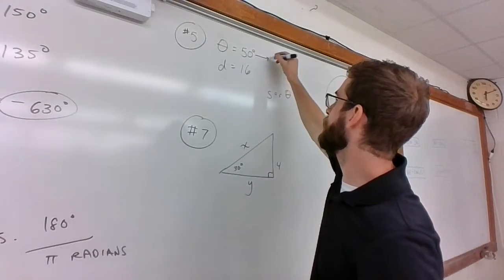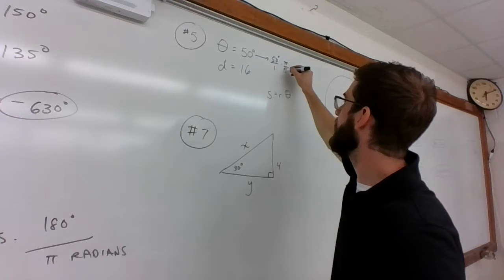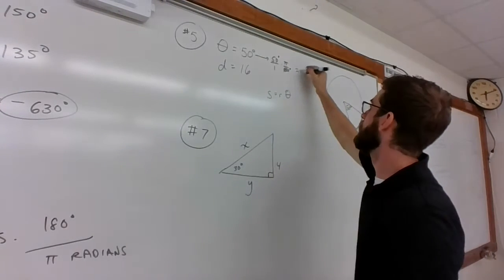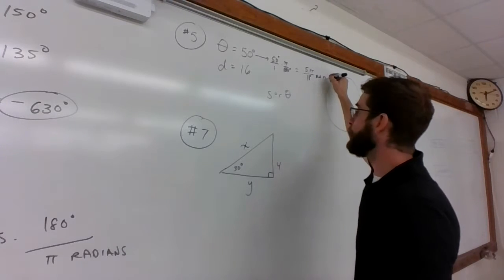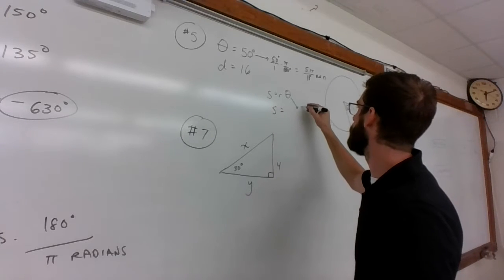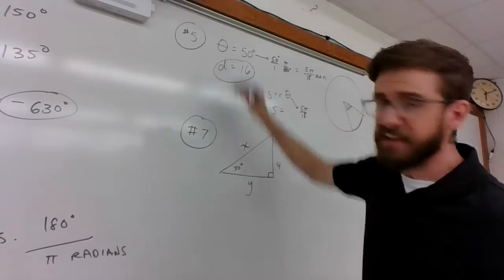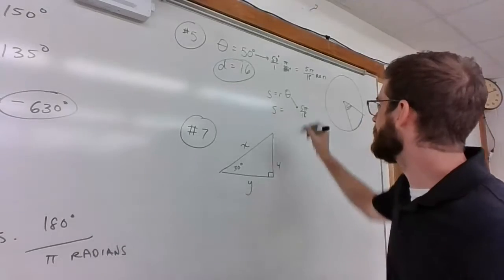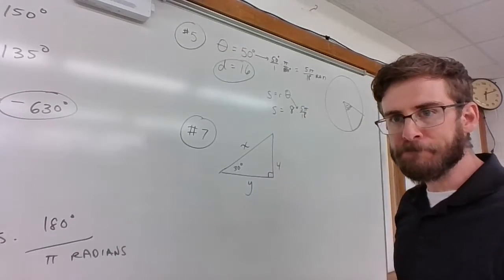So the first thing we're going to do is say, well, it's 50 degrees times pi over 180 radians, which gives us 5 pi over 18 radians. That's what goes in for theta to start with. They give us a diameter of 16, which means our radius is only 8. And then we just multiply.